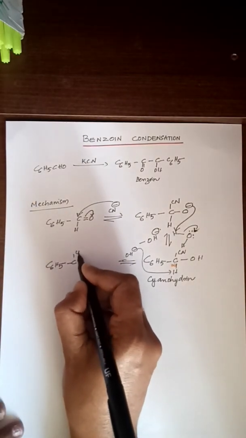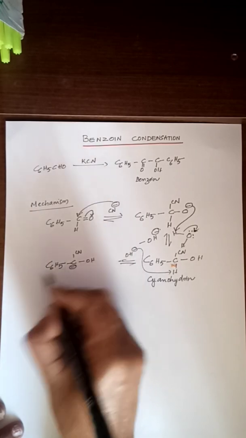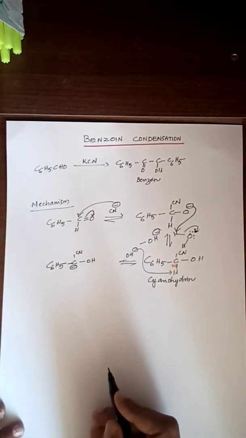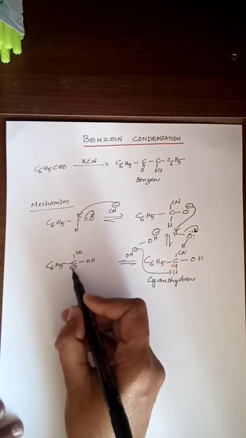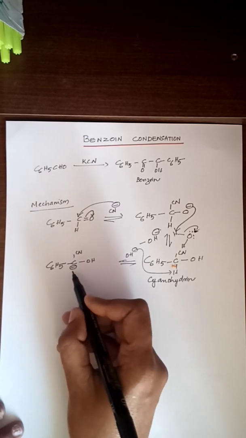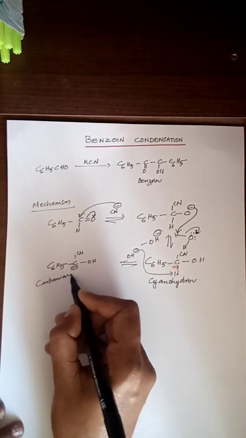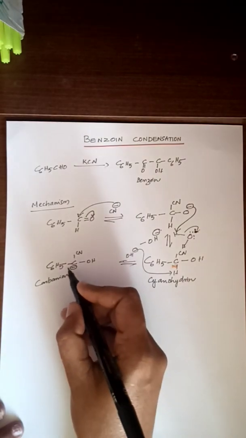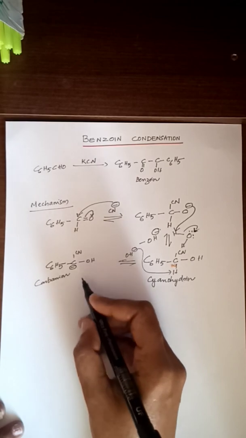This is the intermediate carbanion that is formed. We can write it as C6H5-C(CN)(OH) with the carbon having the negative charge. This intermediate carbanion will attack another aldehyde, that is a second aldehyde.